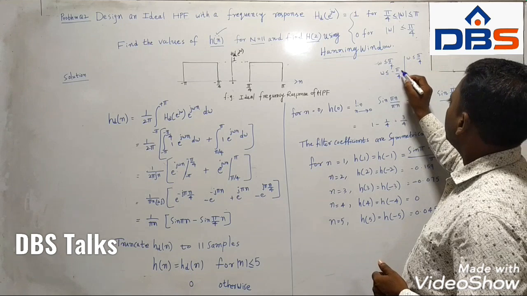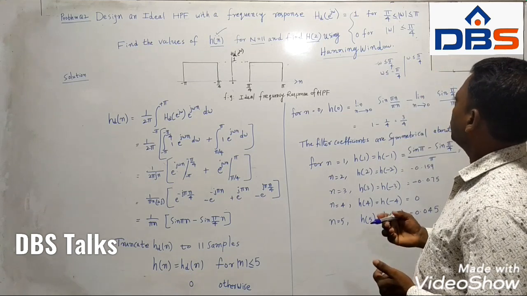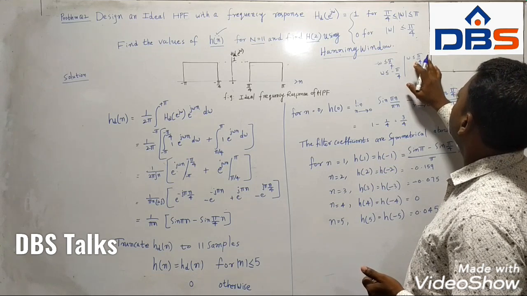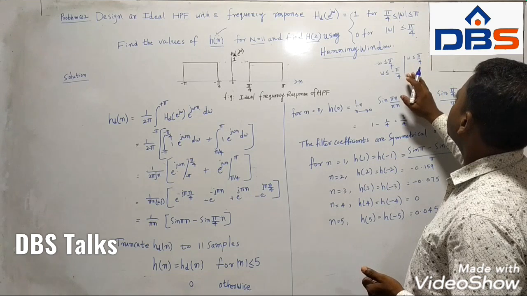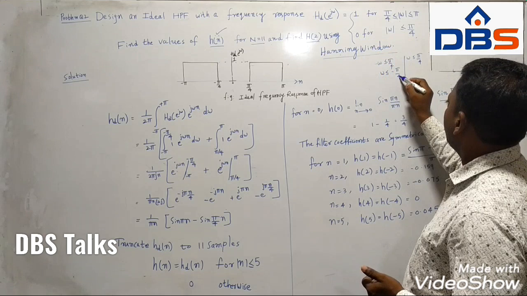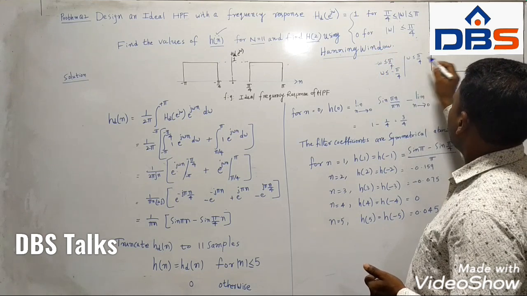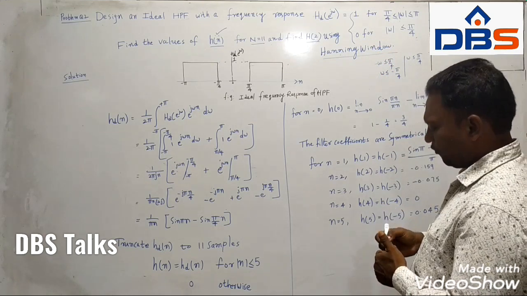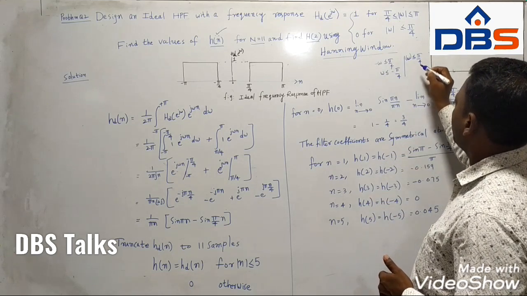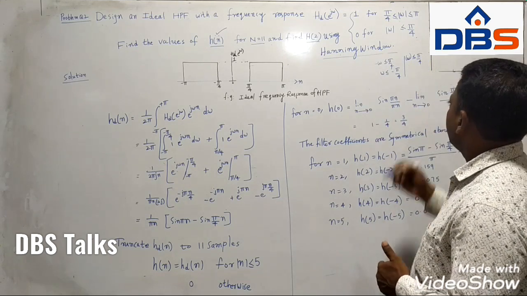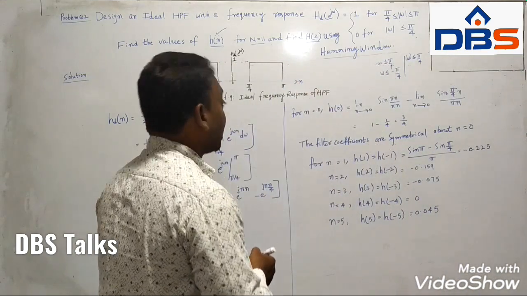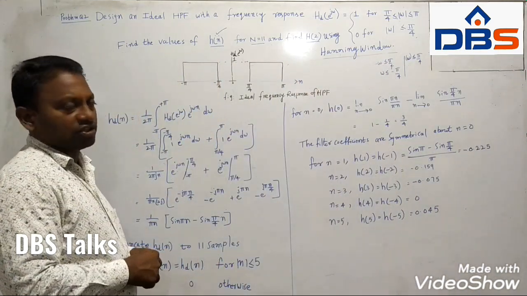In both ways we will have a 0 above minus pi by 4 and below plus pi by 4. Mod omega less than or equal to pi by 4 means below this, 0 to pi by 4. Now you understand what HD of e power j omega is.